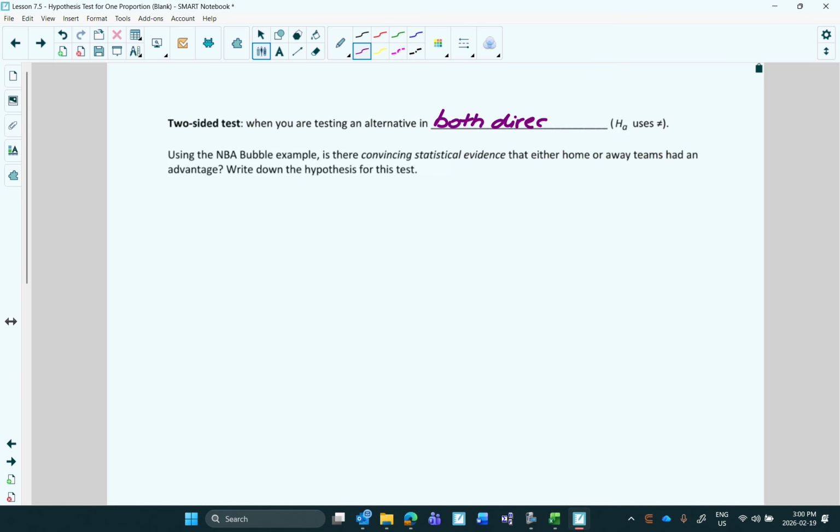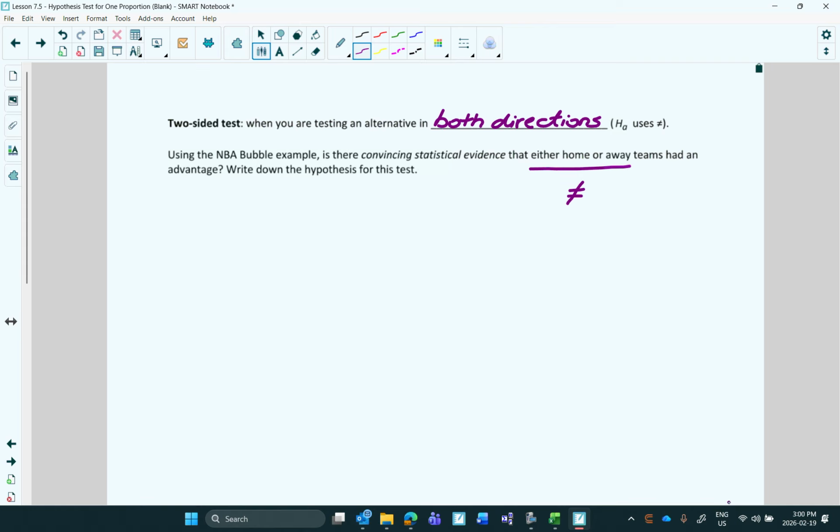What would that mean? Let's go back to our example. Instead of asking whether the home teams would have an advantage, we would ask, is there convincing statistical evidence that either home or away had an advantage? So because of this, I'm going to use not equal.